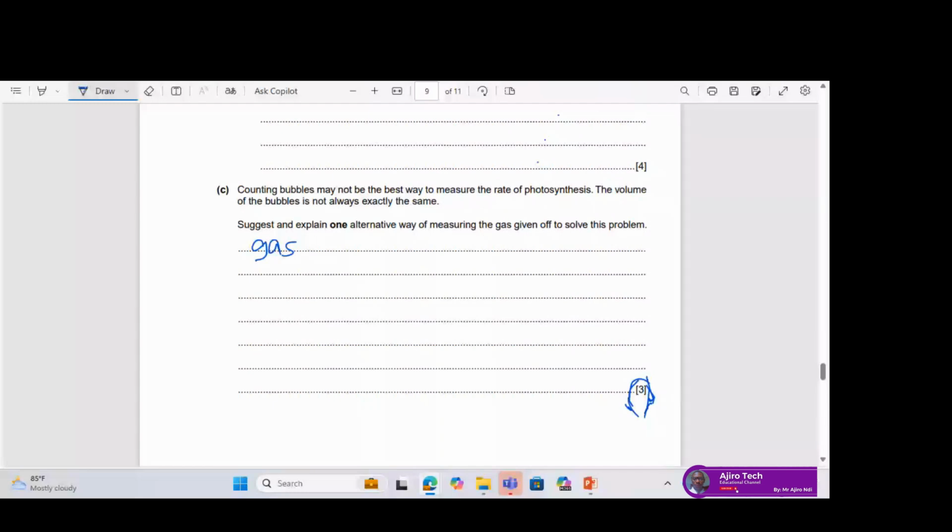I'm trying to remember the name. A gas syringe. Yes, a gas syringe. So how do you apply it? That's just 1 mark. If you use a gas syringe, that's 1 mark. What are the procedures to adopt in using a gas syringe?